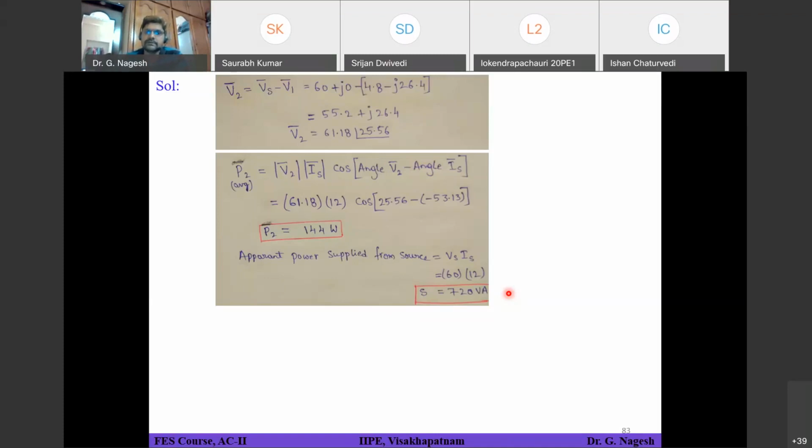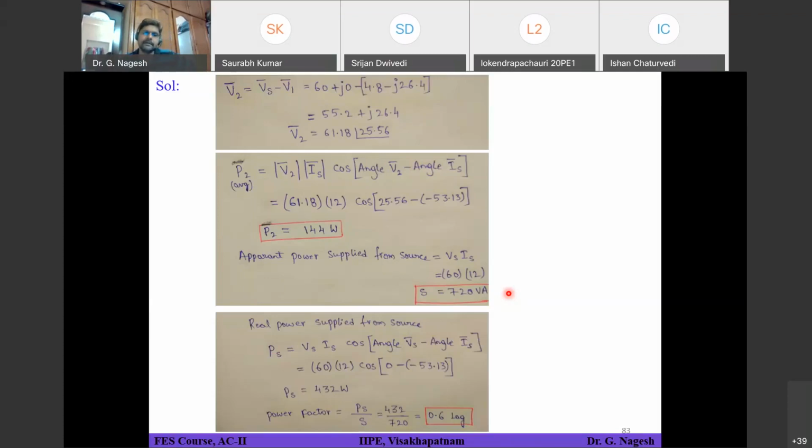Apparent power is already known to you, which is 720 volt amperes. So simply you have to divide the two. The real power supplied from the source is 288 plus 144, which is nothing but 432 watts. If you add up also, you'll get the same value. You can use any method to find the average power delivered from the source.